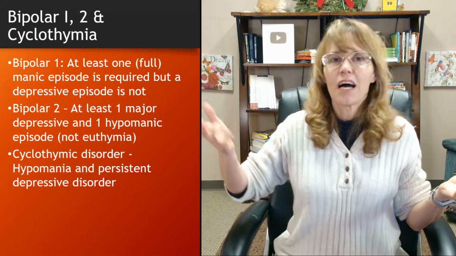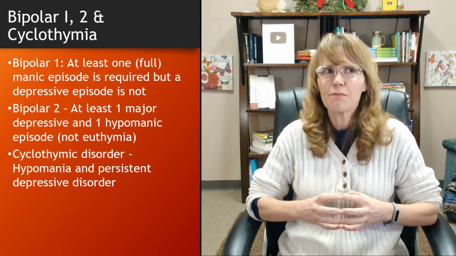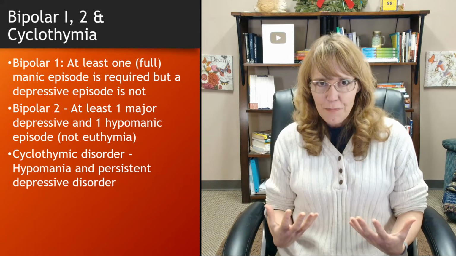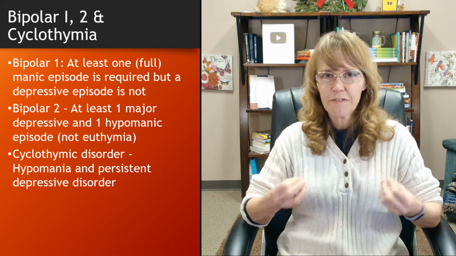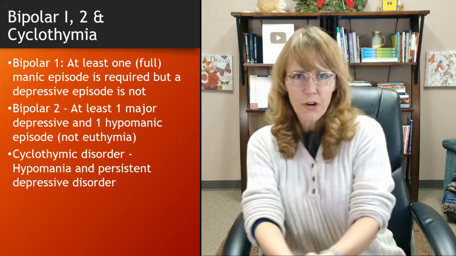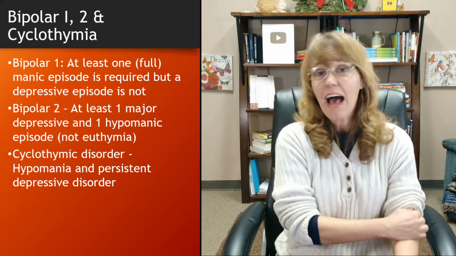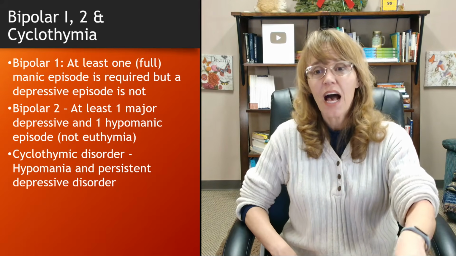It's kind of like hypodepression, where the person's symptoms are not clinically oppressive, but they are present. The person has difficulty feeling happiness, and it goes on. It's a low-grade depression, if you will, that lasts for at least 2 years, and they have to have, during that 2-year period, at least one episode of hypomania.